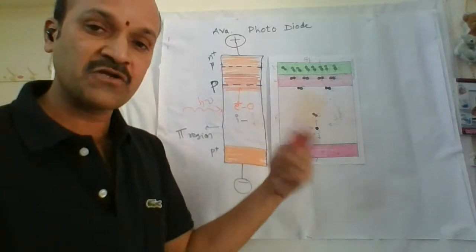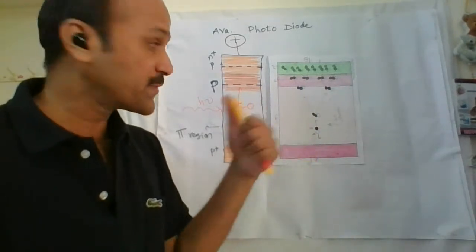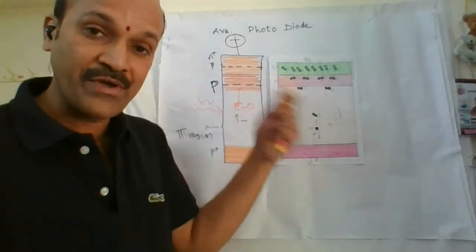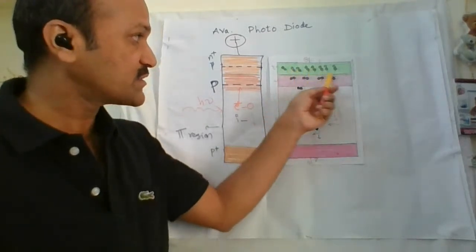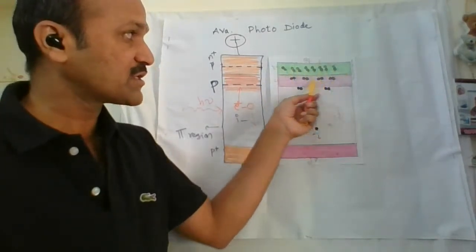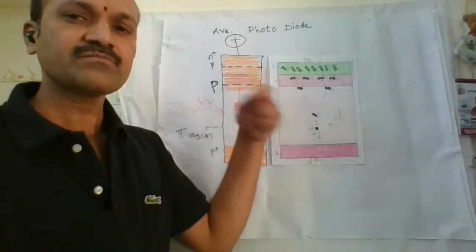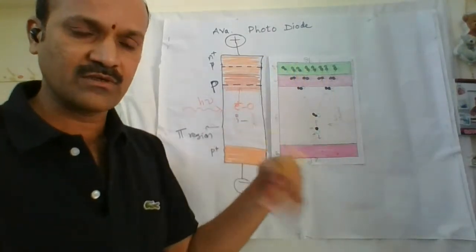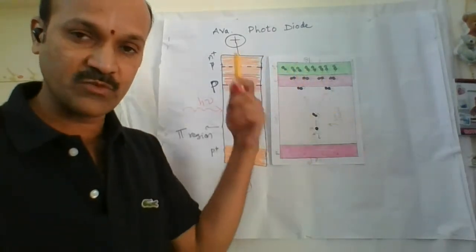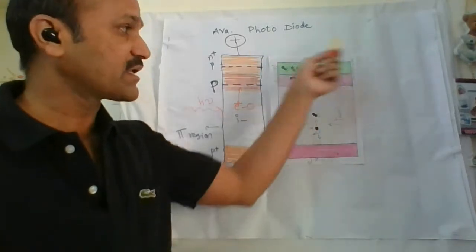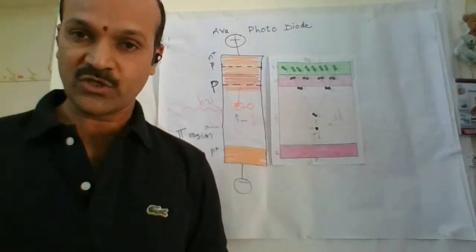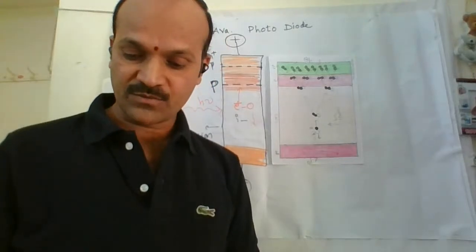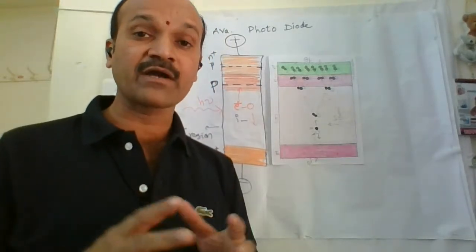Like that, multiplication of electron-hole pairs takes place. In this region, because a higher potential is present, they move with saturation velocities, because we applied breakdown voltage. Finally, we can see current flow in the circuit. This is called impact ionization.